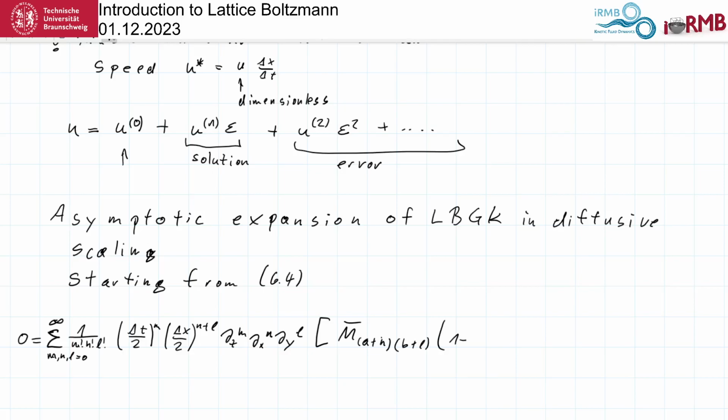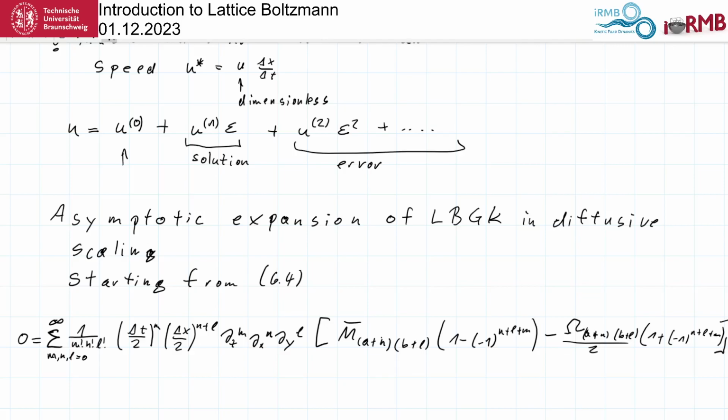This goes into 1 minus 1 by the power of n plus l plus m, minus omega a plus n, b plus l, divided by 2, and this goes into 1 plus minus 1 by the power of n plus l plus m. So I'm doing this in 2 dimensions only, because in 3 dimensions you have even more indices to deal with.